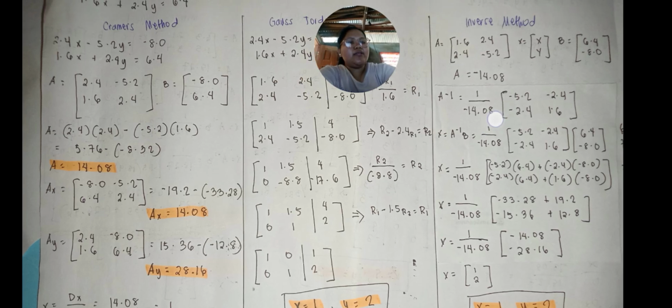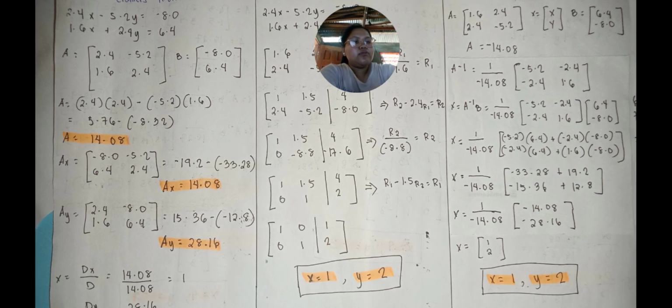So we are going to move to the inverse method. As we are going to get the inverse, from the first column, first row, we are going to swap it with its opposite side. For row 1, column 2, we are going to swap it and make it negative.